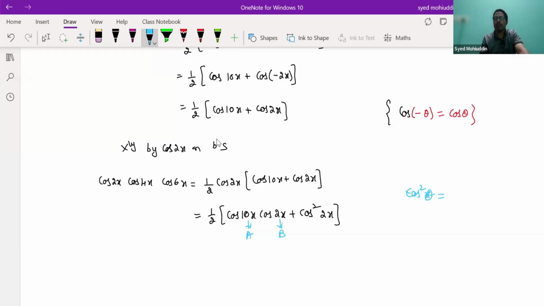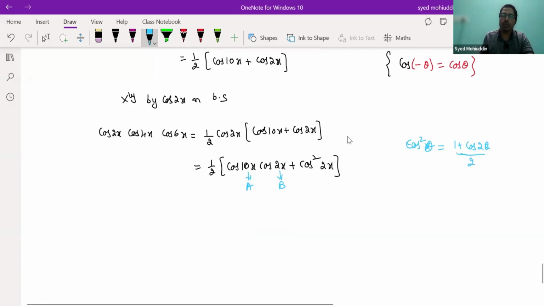The homework that I have given you, once again, I'm solving over here. 1 plus cos 2 theta by 2. So both the homework problems, I am only solving. So 1 plus cos 2 theta by 2 I have to write, but in the place of theta, you are having 2x. So let us use this formula over here, which will be equal to half times of, so this formula I have given you earlier, cos A cos B is, yes.